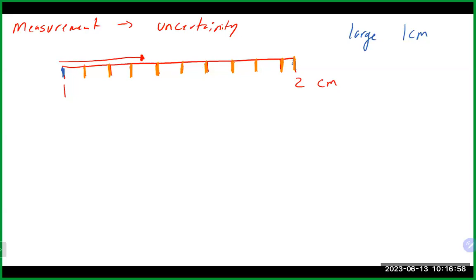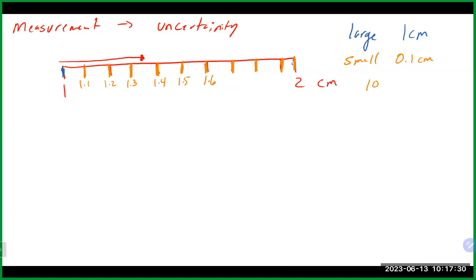So we want to count how many of the small markings there are. The small markings, there are 10 of them, right? And that means that each of the small markings represents how much on this scale? Represents 0.1 of a centimeter, right? This would be basically 1.1, right? 1.2, 1.3, 1.4, 1.5, 1.6, and so forth, all the way up to 2.